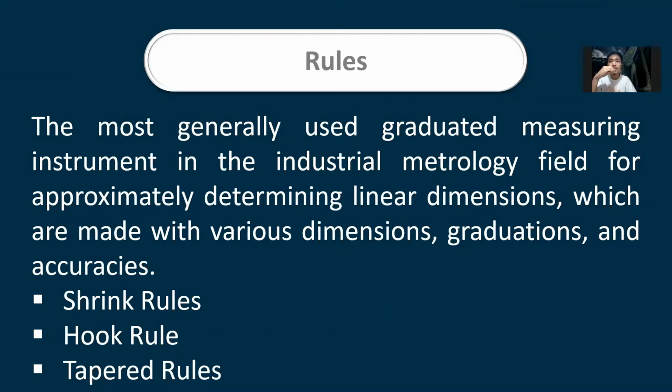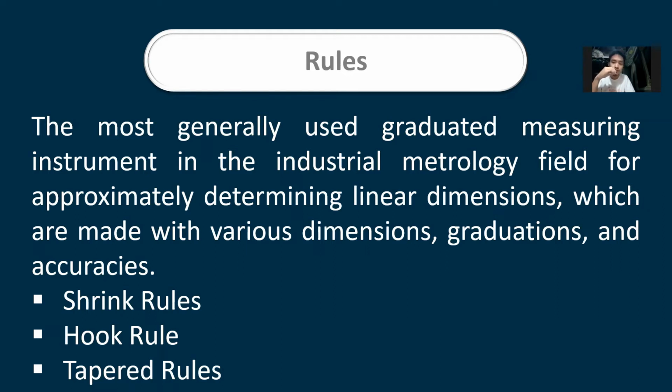They are the most generally used graduated measuring instrument in the industrial metrology field for approximately determining linear dimensions, which are made with various dimensions, graduations, and accuracies. Basically, rules are for measuring linear dimensions, such as width, height, or depth.